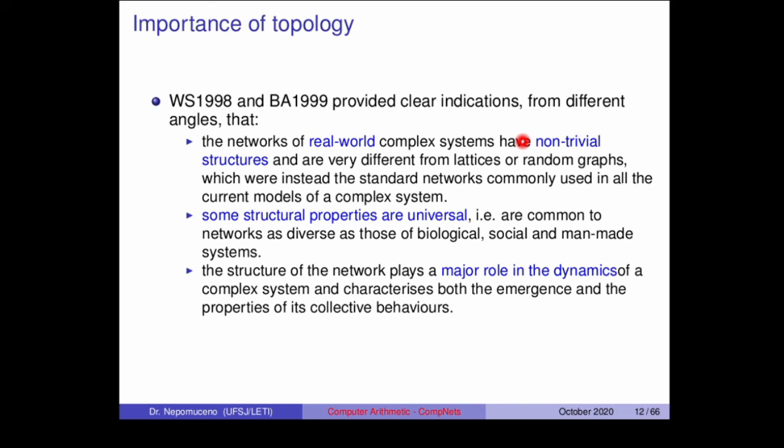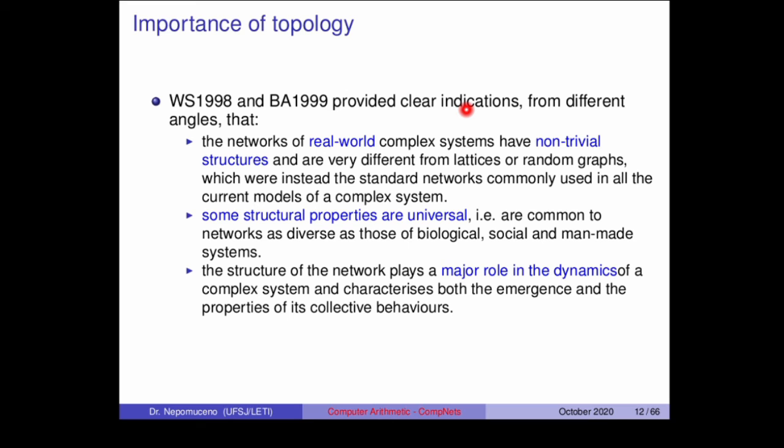So what's the importance of the topology? The Watts, Strogatz, and Barabási papers provide clear indications from different angles that the networks of real-world complex systems have nontrivial structures and are very different from lattice or random graphs, which were the standard networks commonly used in all the models of complex systems at that time.